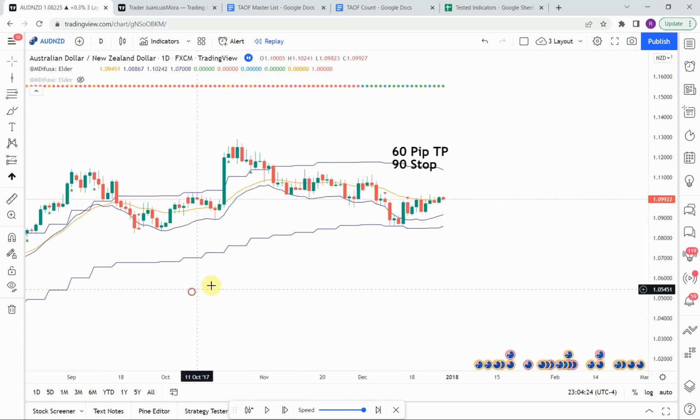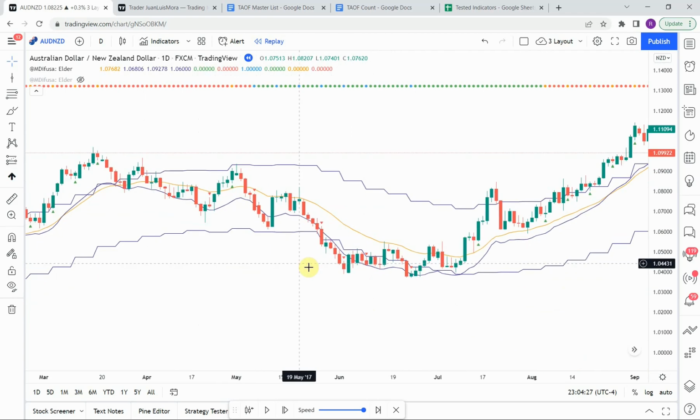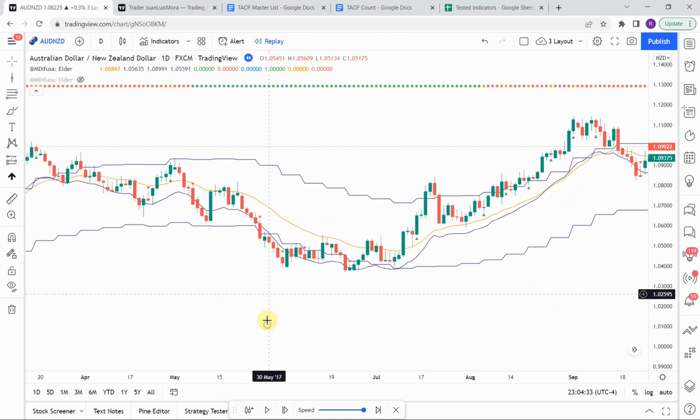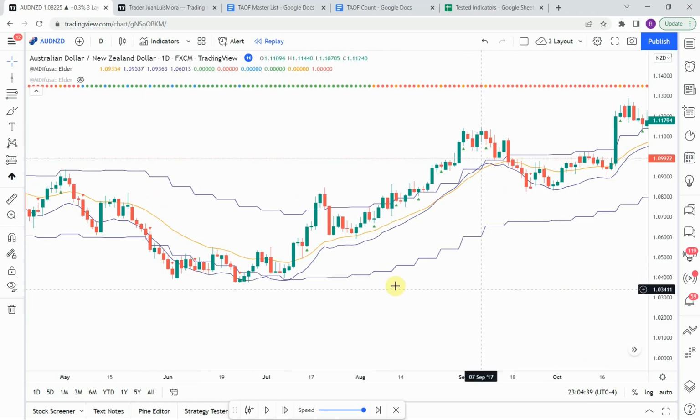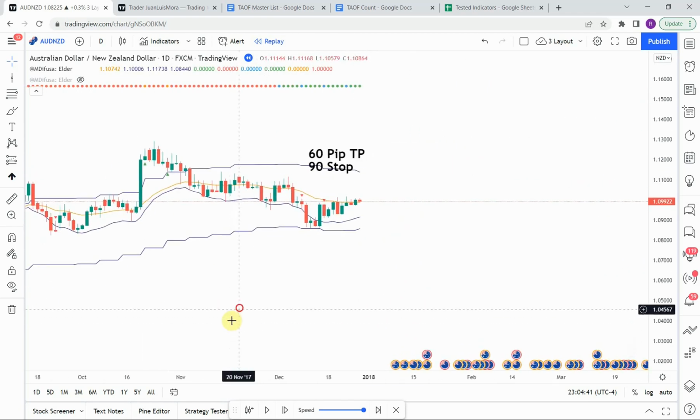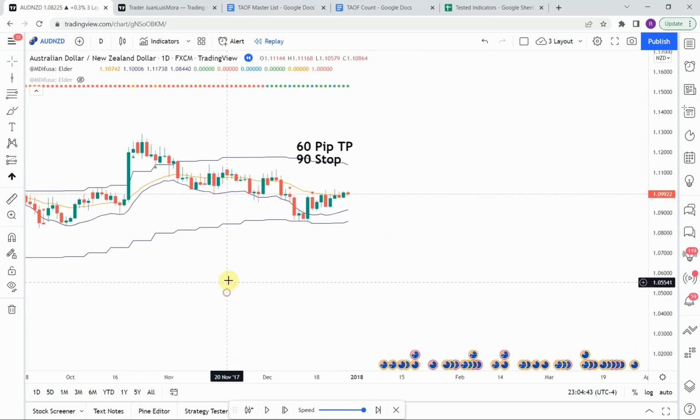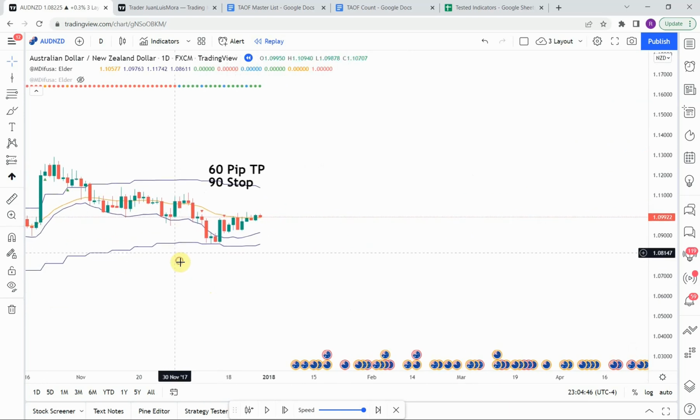And same way on the bottom side, if price action is below this purple ATR line here, then we are going to ignore that as a trade because it is, again, overextended at that point to the downside.